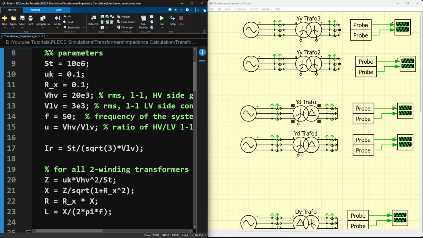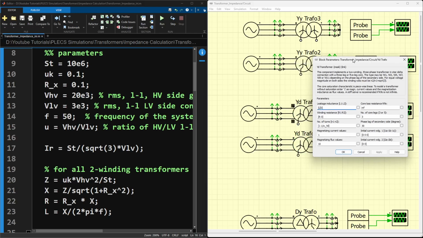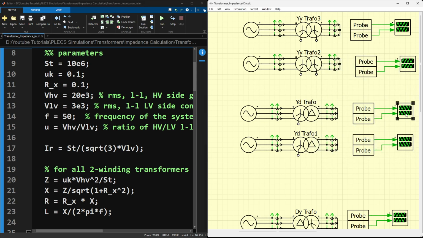In this case, we need to consider the vector connections as well. That means if we refer the impedances only to the primary side, which is the star side, we don't need to include any factor. We just leave the secondary impedances at 0 and check the values first.